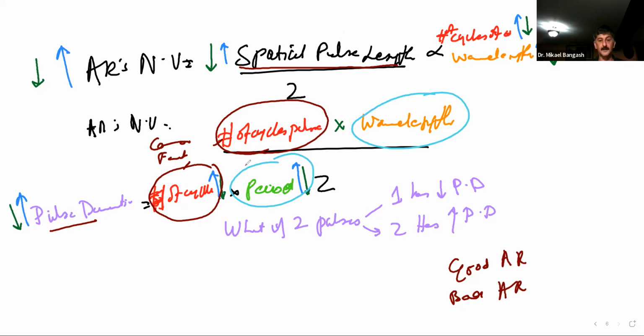But what we already know is that since period is directly proportional to wavelength, that will mainly mean that the pulse with a greater wavelength will have a greater spatial pulse length. And will also have a greater pulse duration.